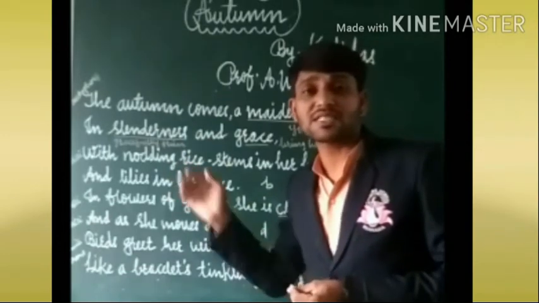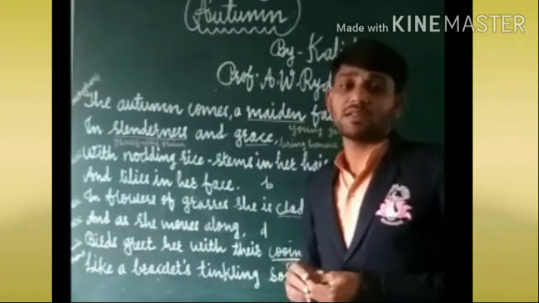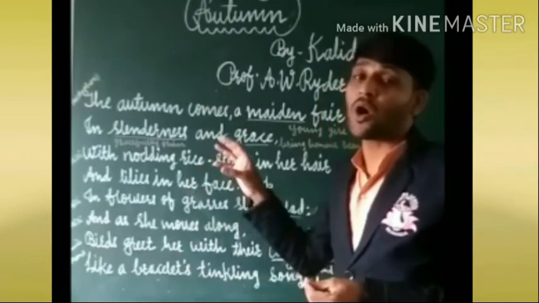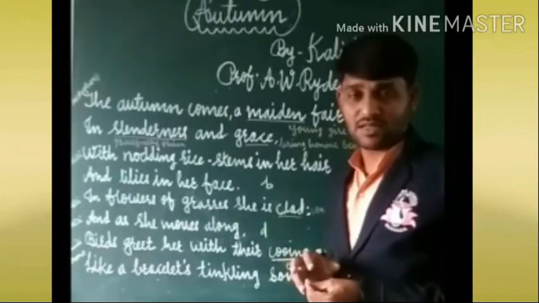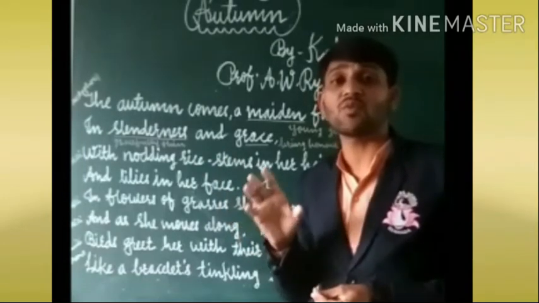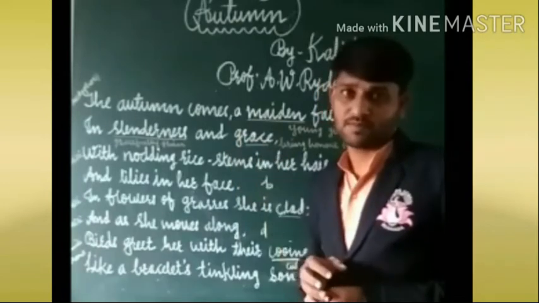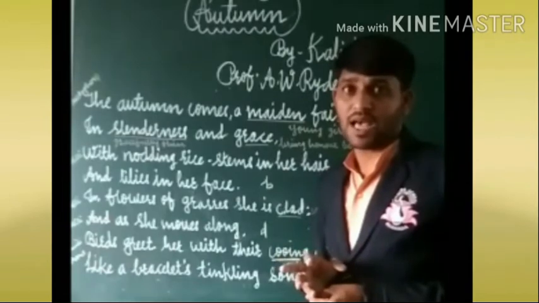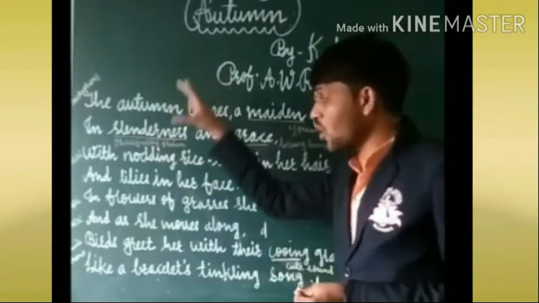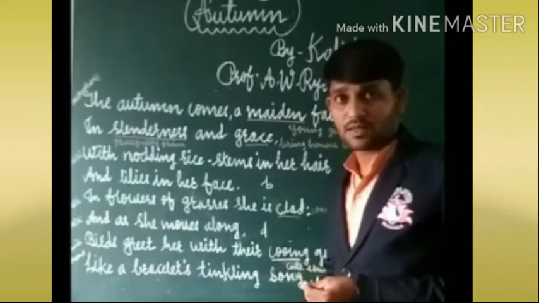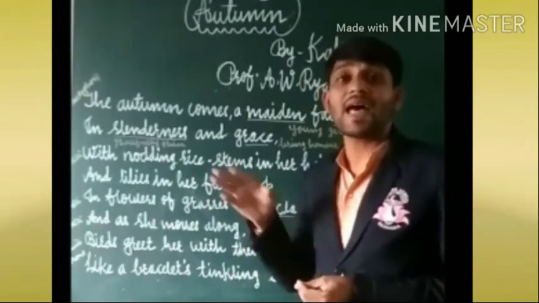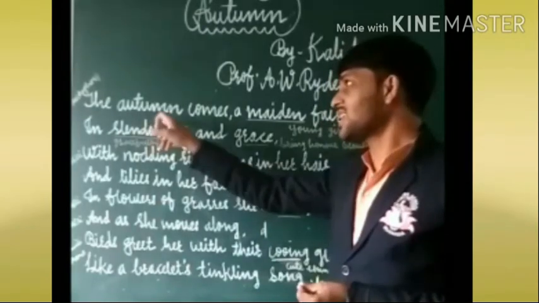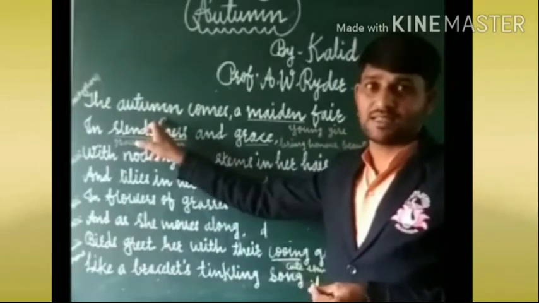In this way, the first stanza is described. The poet says that during the daytime the autumn season looks like a beautiful maiden, a fair woman in her youth, not mature, very beautiful, and she adds her beauty to this autumn season. People are attracted towards her, that is, towards the autumn season.